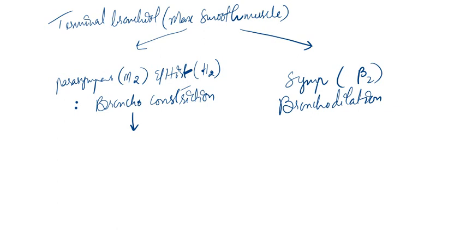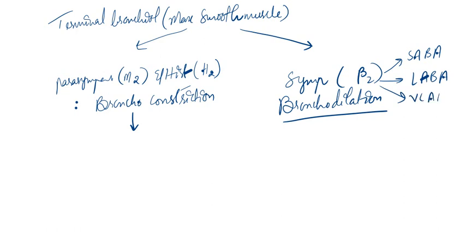Now this principle is used in which segments of pharmacology? SABA, LABA, VLABA. What is SABA? Short acting beta adrenergics, long acting beta adrenergics, very long acting beta adrenergics.